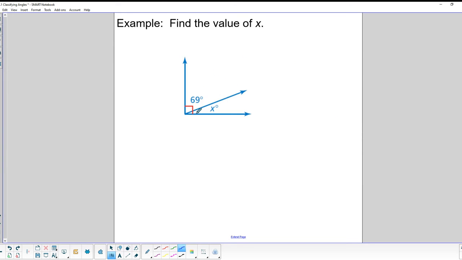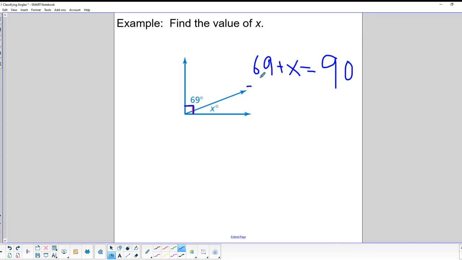All right, these two angles, you got 69 and x. If you notice, they add up to this little box here, which happens to be a right angle. So you've got 69 plus x equals 90 degrees because of the way we have this stacked.